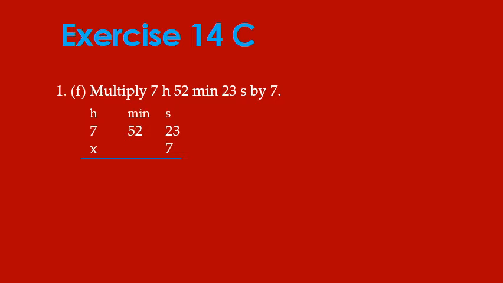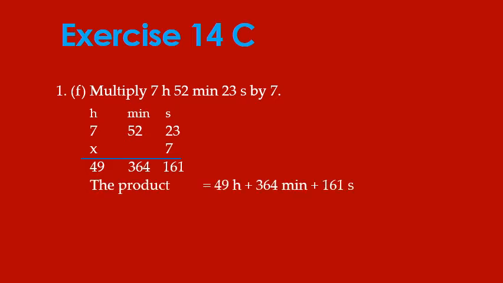So we will begin with the multiplication of seconds. 23 seconds multiplied by 7 is equal to 161 seconds. 52 minutes multiplied by 7 is equal to 364 minutes, and 7 hours multiplied by 7 is equal to 49 hours. So now the product is equal to 49 hours plus 364 minutes plus 161 seconds.